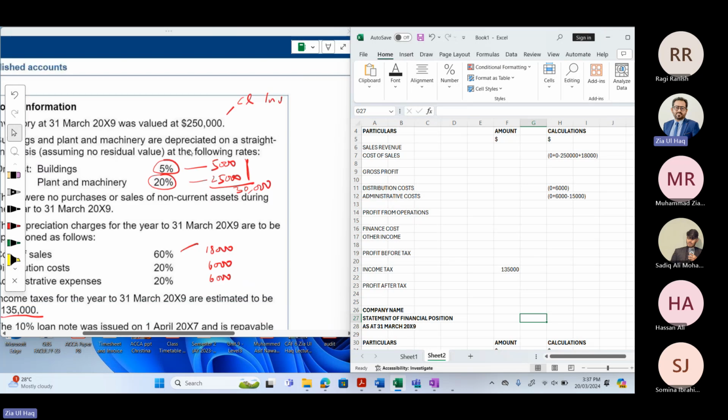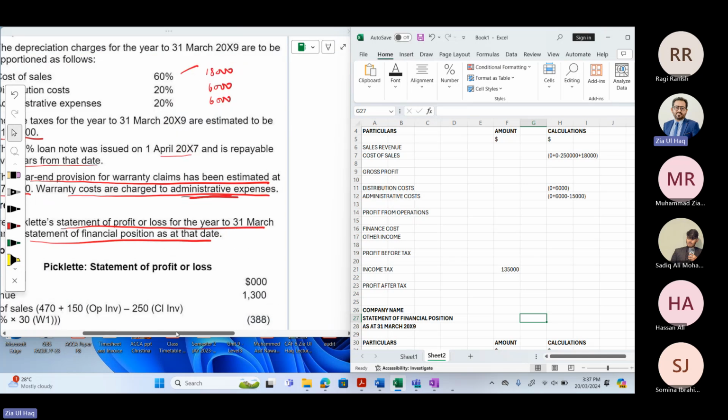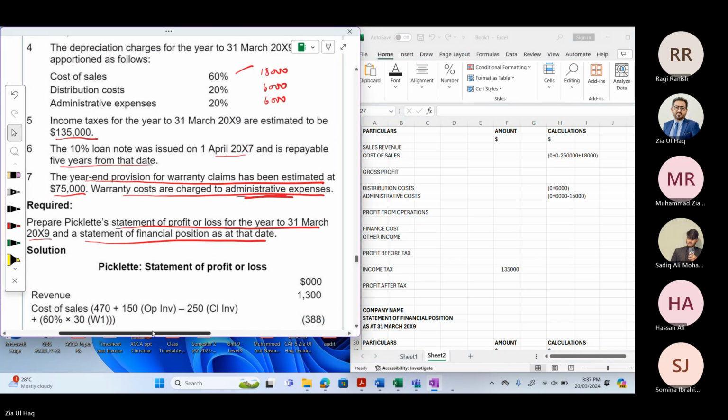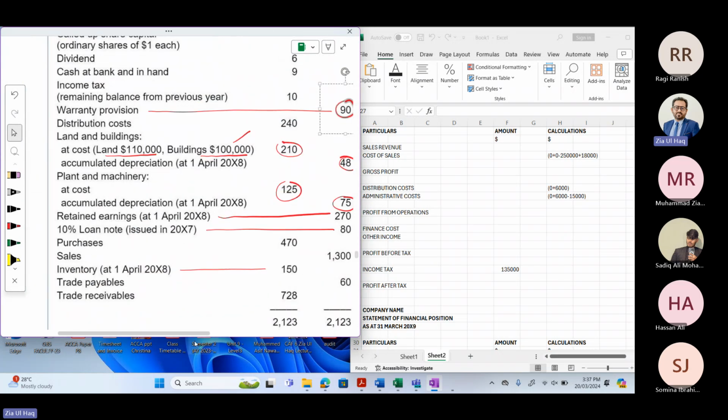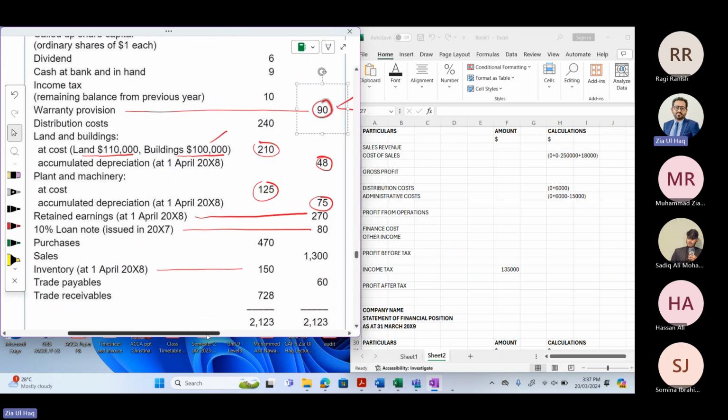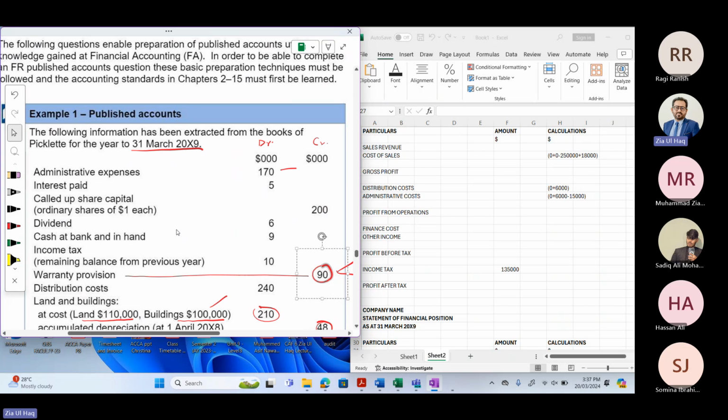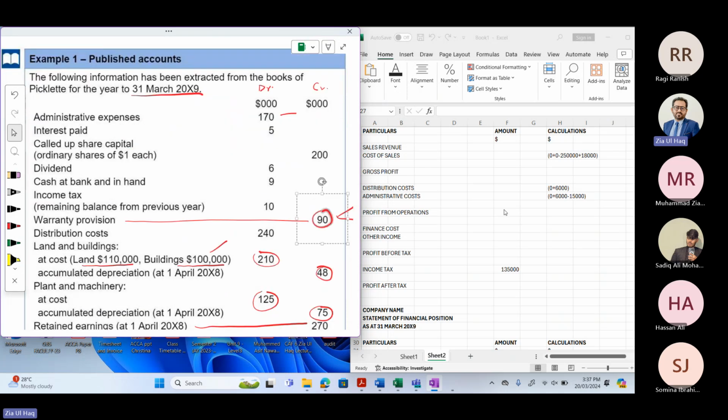Is it fine? So all adjustments we have done. Now we can move towards the trial balance and prepare accordingly one by one. So admin expenses are 170,000. Where are admin expenses here? Here. 170,000 is the total amount.